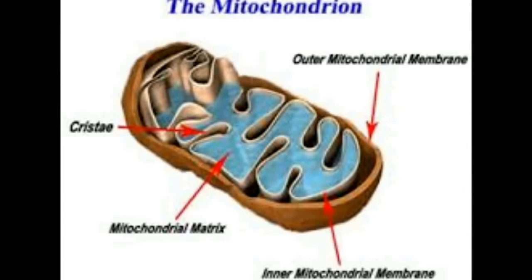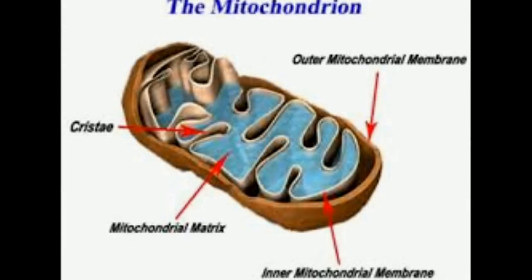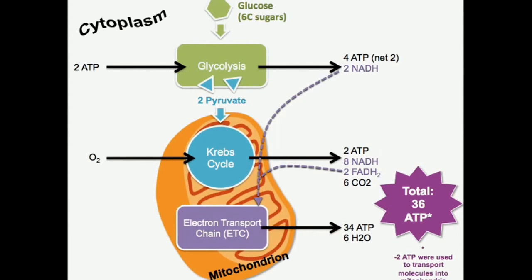When we see the structure of mitochondria, it is the cell organelle which is covered by two cell membranes. The inner cell membrane has many foldings called cristae, and it is filled with matrix. So that is where respiratory enzymes are present and where aerobic respiration takes place.